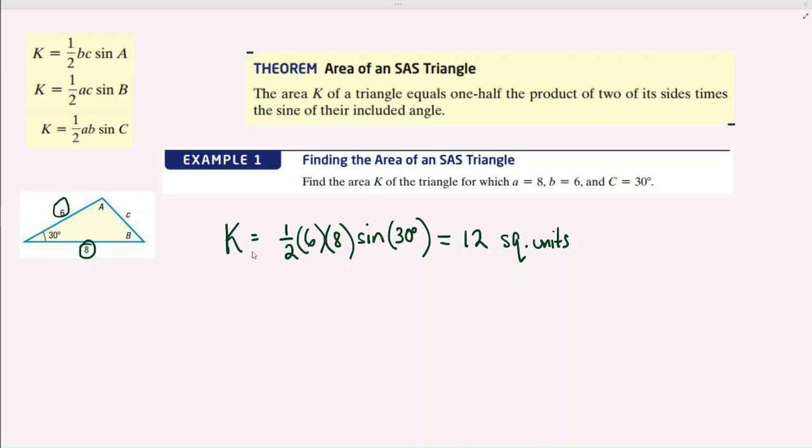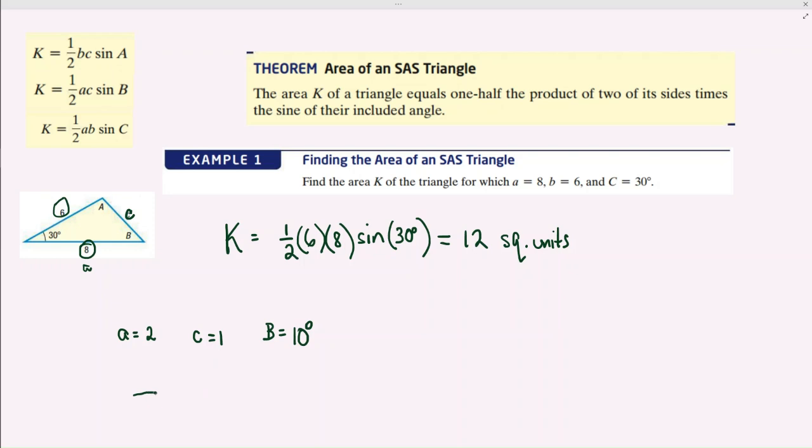Let's just for argument discuss another situation. Let's say that we knew that A was equal to 2, C was equal to 1, and if we look at this, if we're given A length and C length, then we need the angle B in order to use this particular theorem, and that's what we're going to get: the angle B is equal to 10 degrees.